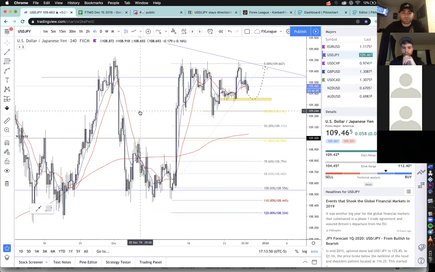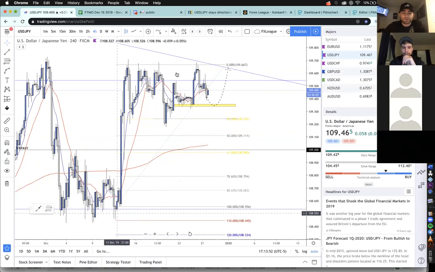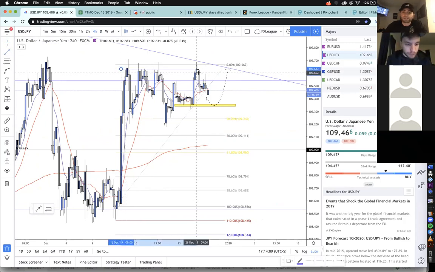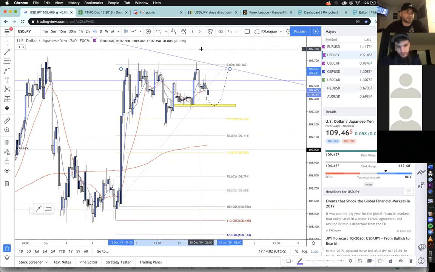Coming down to this 4 hour, if we can fib this little trend we have right here, we're seeing the formation of a rectangle, even so, up in this area, a push upwards in this trend.